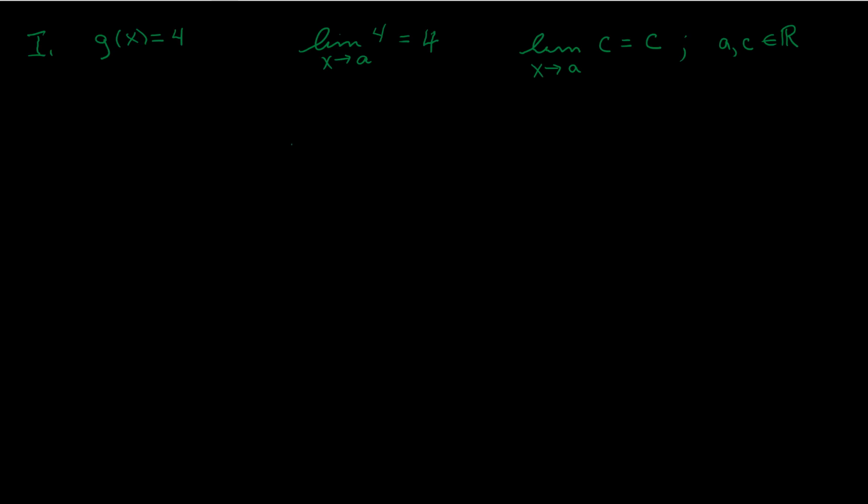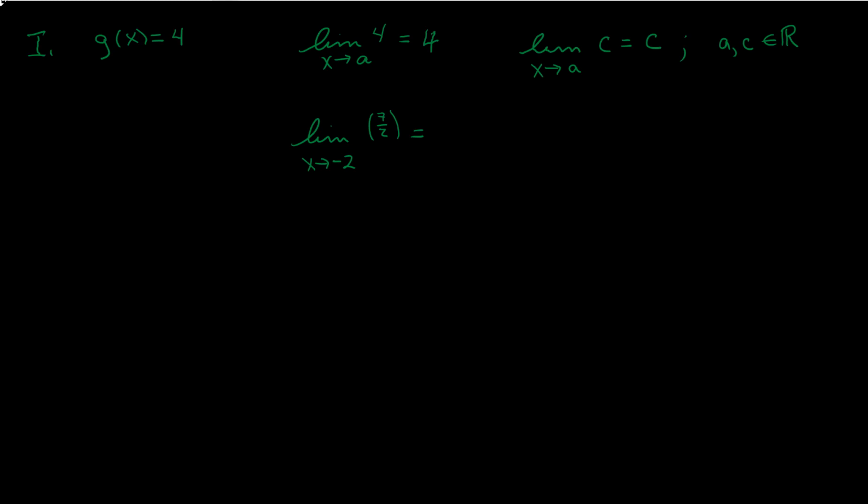We could change that up and we could say, well, the limit as x approaches -2 of 7/2 equals, and in this case, notice both the value that x is approaching and the function, both of these are constants.